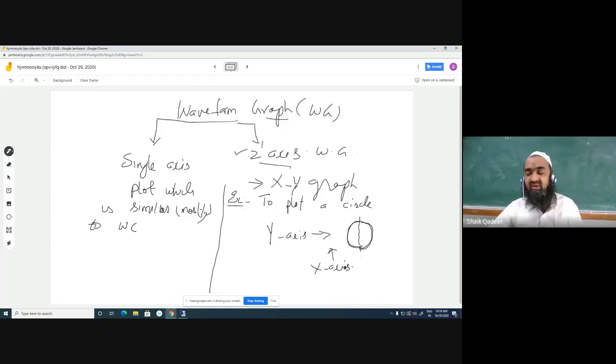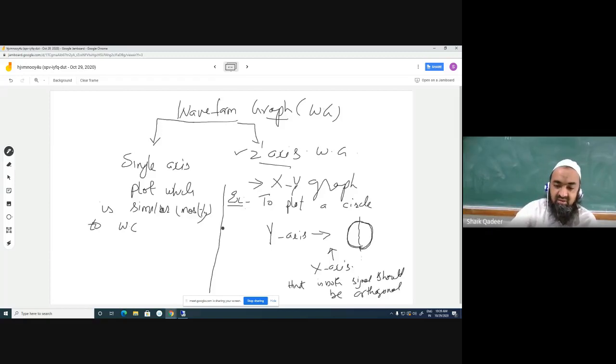Then in that case, the hint is both signals should be orthogonal. What do you mean by orthogonal signal? Any idea about orthogonal signal? You might have seen this in your vector mathematics and also in signals and systems.